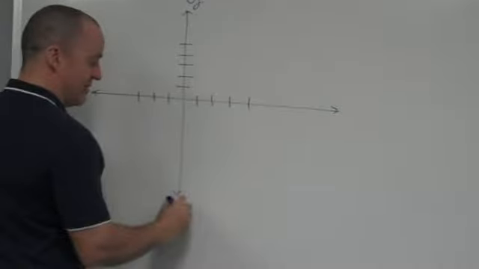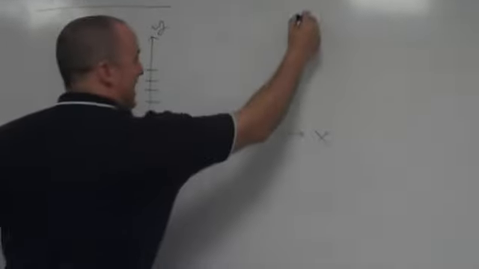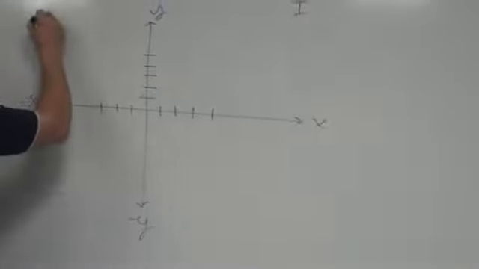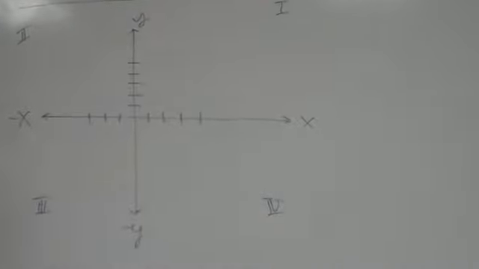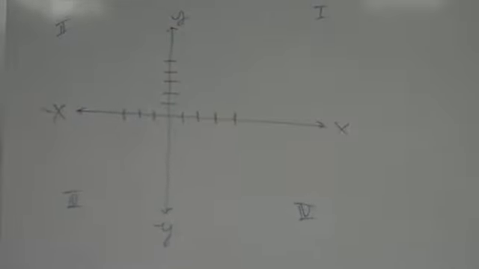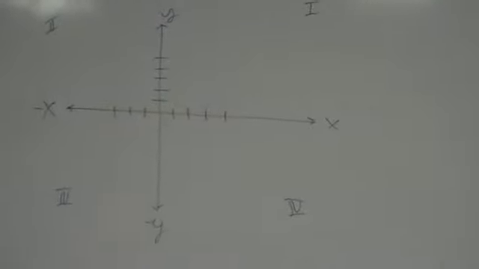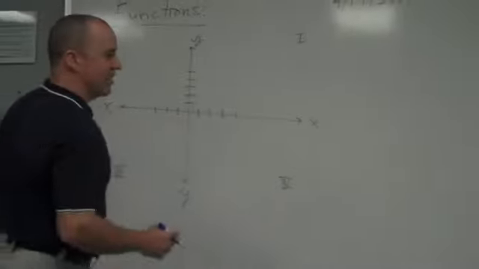Got my y's here, got my negative y's down here, got my x's here, got my negative x's here. Once again, I hope this is a review, but please ask me like Laura did if there's any part of this that seems totally new or exciting. These are quadrants 1, 2, 3, and 4. You don't have to label all these every time you graph something, but for now I'm going to.